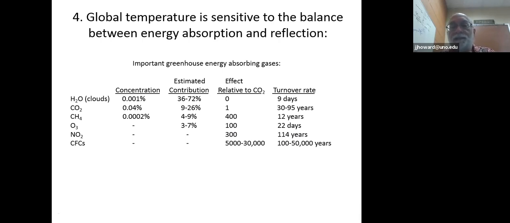So you can see that there are a lot of gases that last a long time in the atmosphere. They don't contribute quite as much as water vapor to the greenhouse effect, but because they don't go away, if they build up in the atmosphere, you're going to build up very rapidly an increased absorption and re-radiation of heat to the Earth's surface.